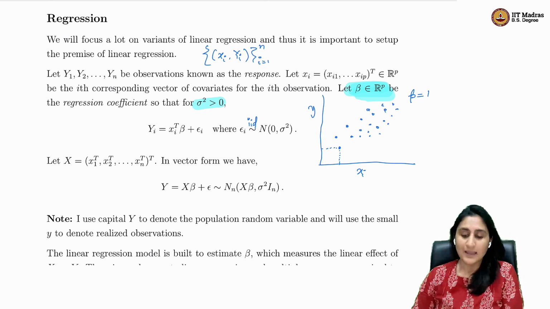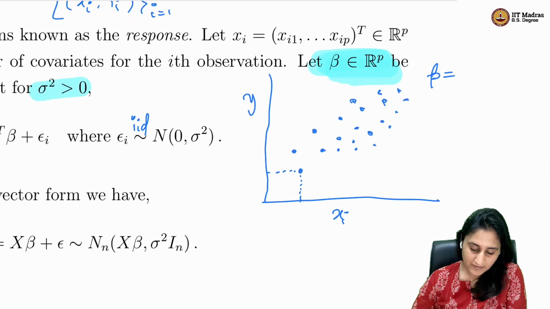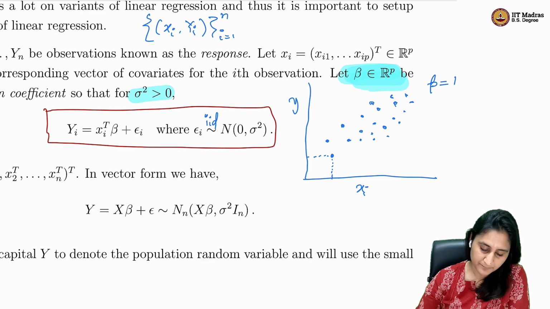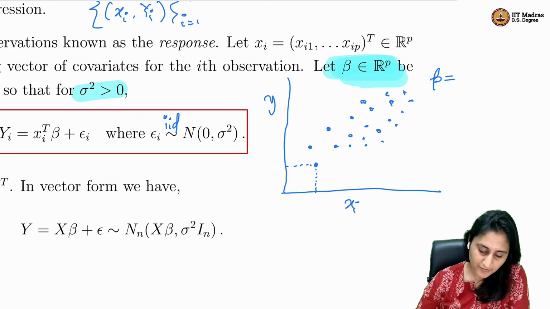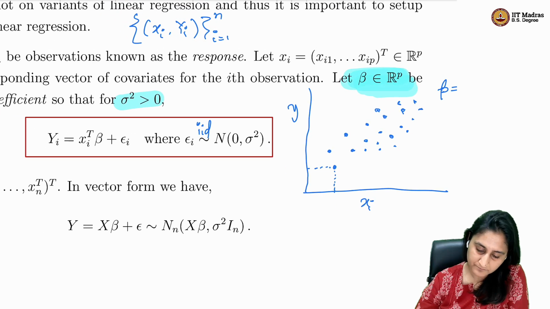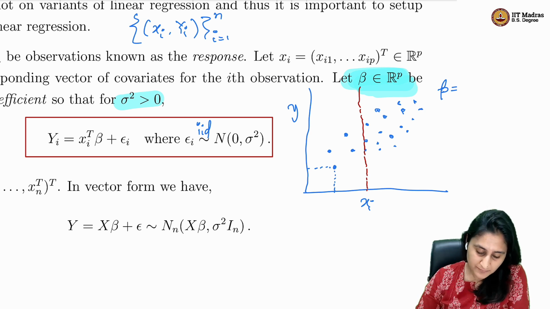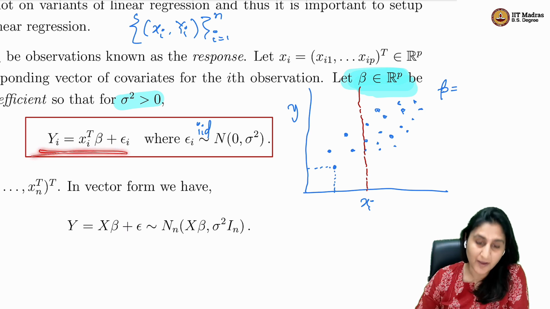Okay. And so the idea in this particular model that I'm assuming over here is that for each value of xi, I have a distribution of the corresponding value of yi.